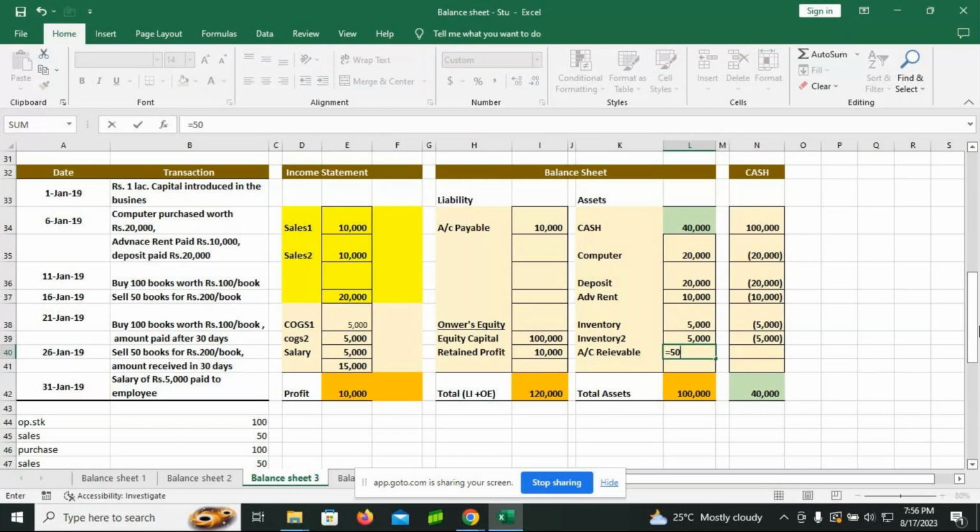It's 50 into 100 into 100. Guys, if you can make out where I'm making the mistake. COGS, savings, 50 into 200, 50 into 200.